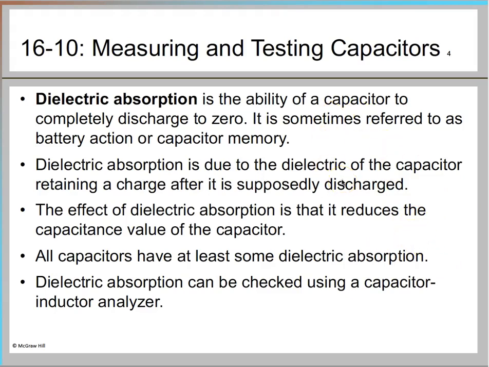Then the voltage in the capacitor will start increasing from 0 towards the original value. So the capacitor exhibits a voltage memory because the dielectric molecules in the capacitor need time to align themselves in an electric field. That's your dielectric absorption.